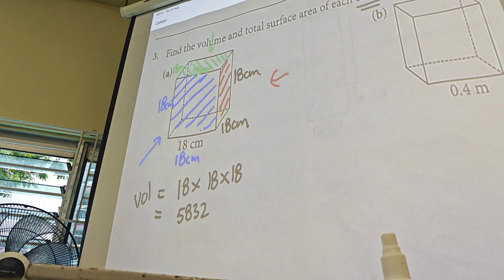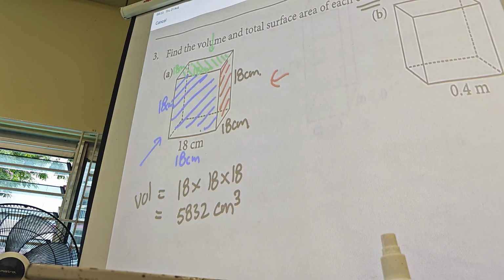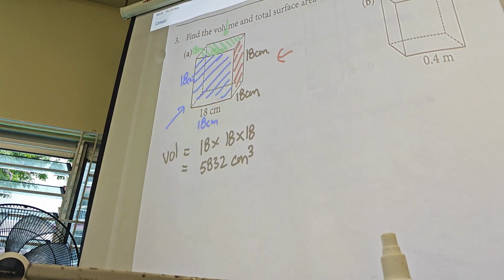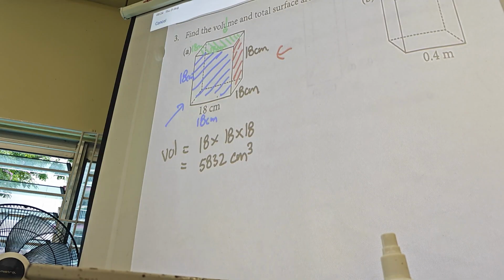So we are also cubing the centimeter. So the unit is in centimeter cubed. So this is the volume.